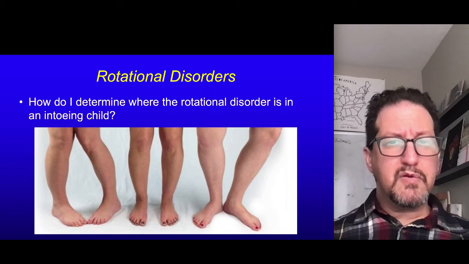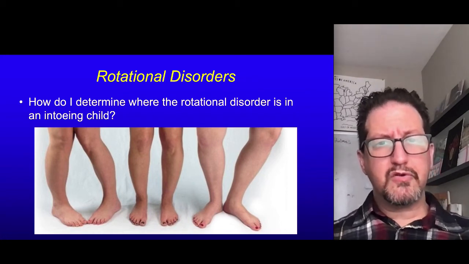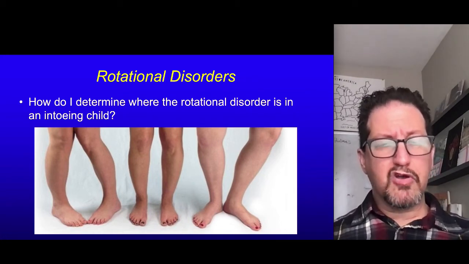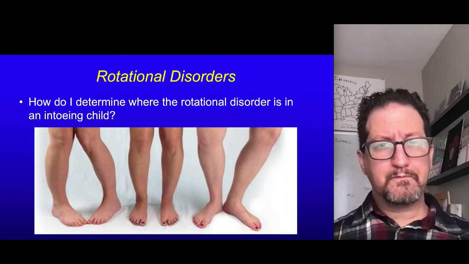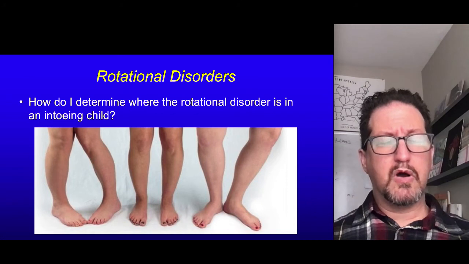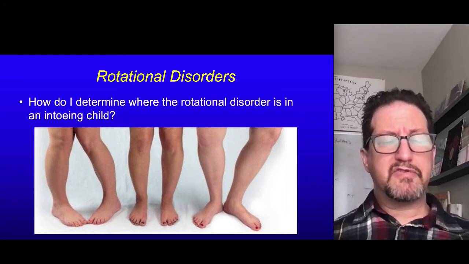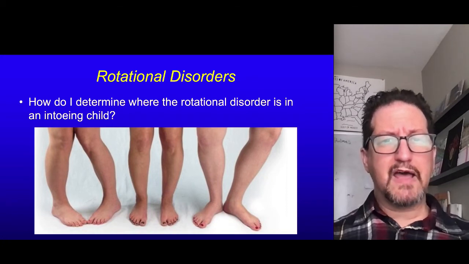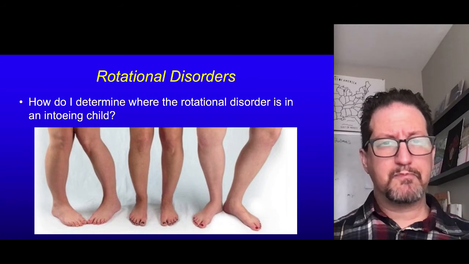But you have to remember where the femur goes, the patella goes with it. So that is the first thing that's going to tell me what location it is. If I see the patella is pointing inward, then I know some of that has to come from the femur.